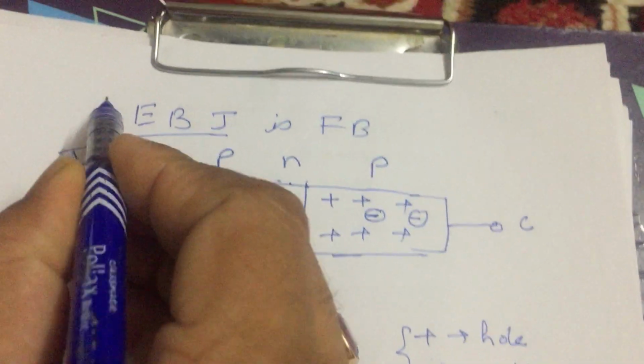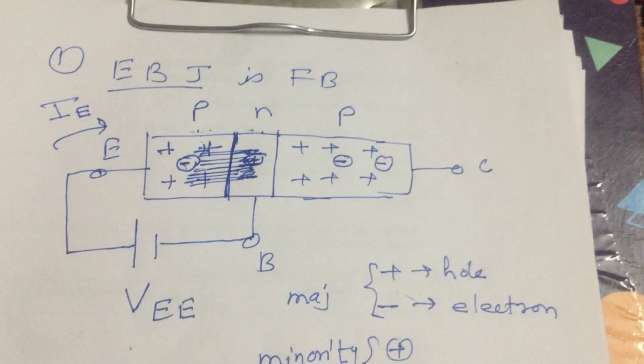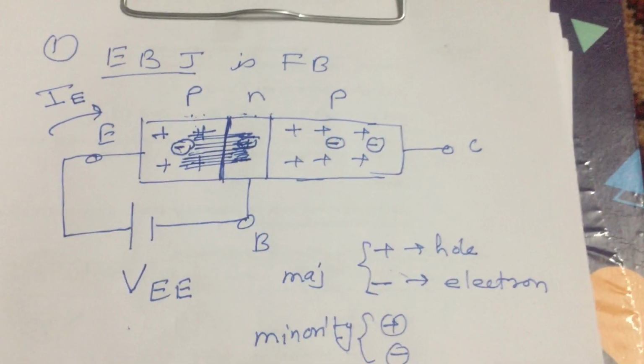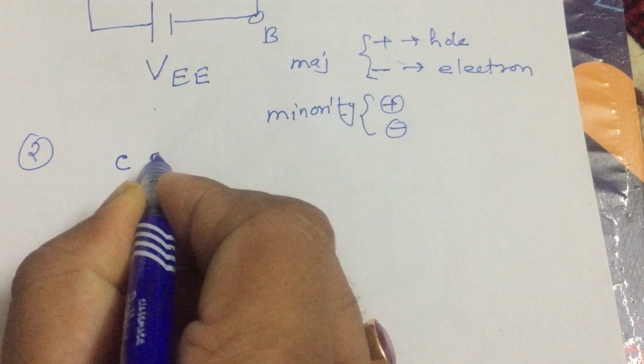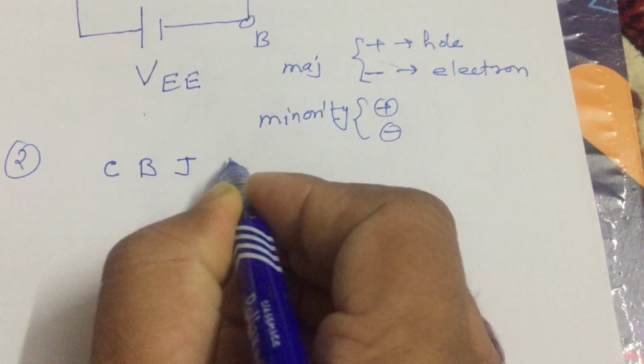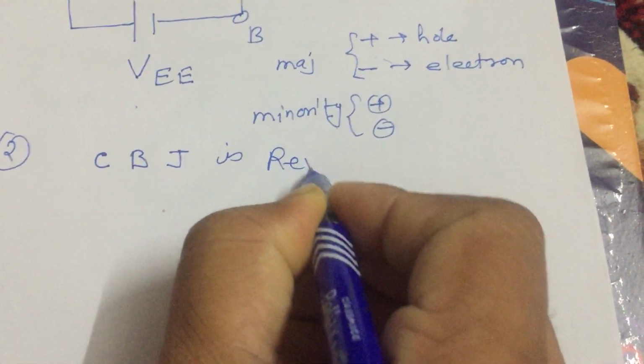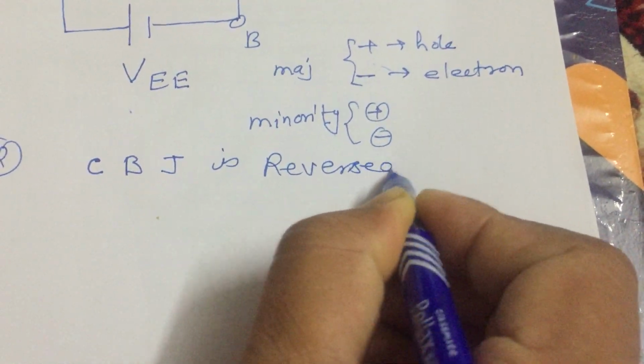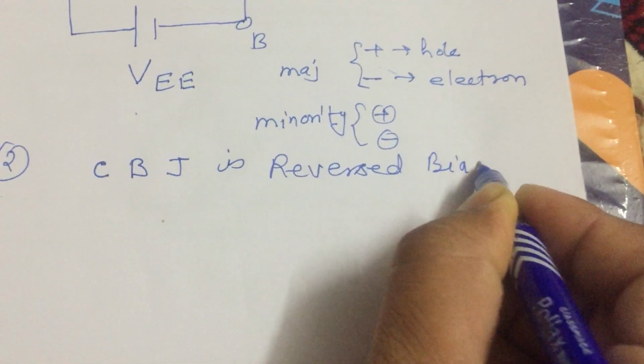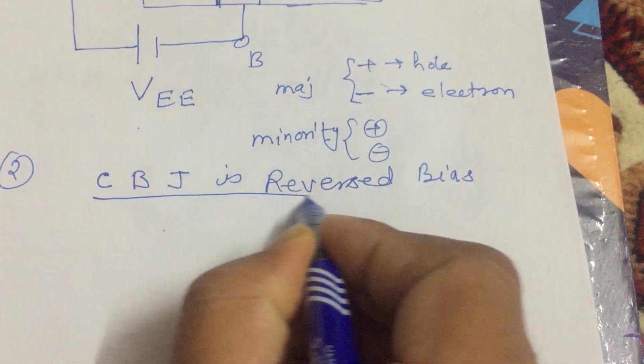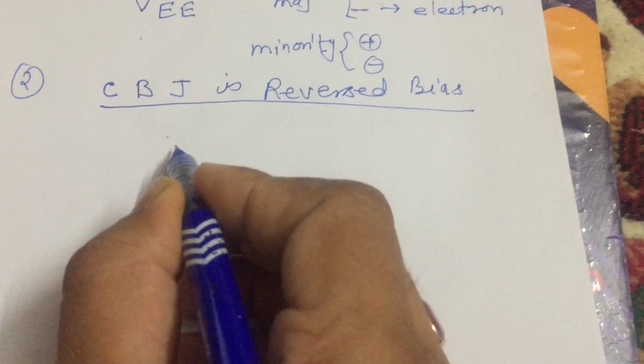Now the second step for operation: the collector and base junction is reverse bias. Collector and base junction is reverse bias.